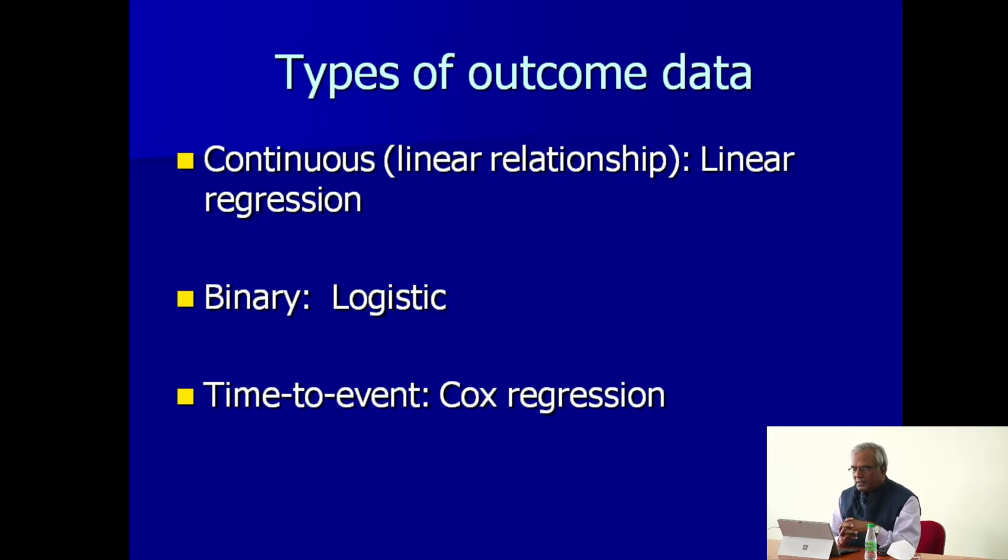Continuous means linear regression, simple or multiple. Binary means logistic regression. And if there is a time to event outcome, then it is called Cox regression. So don't be afraid now. I am sure so far, when you were reading about Cox regression and logistic regression, you just ignored those terms. But don't ignore them anymore.